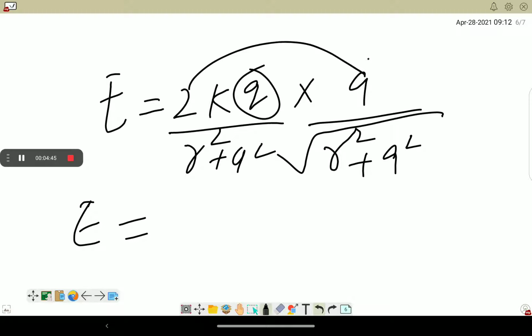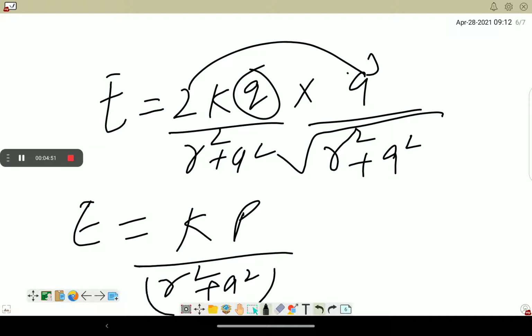Now q into 2a is p, so we can write E equals kp upon (r square plus a square) to the power 3/2.